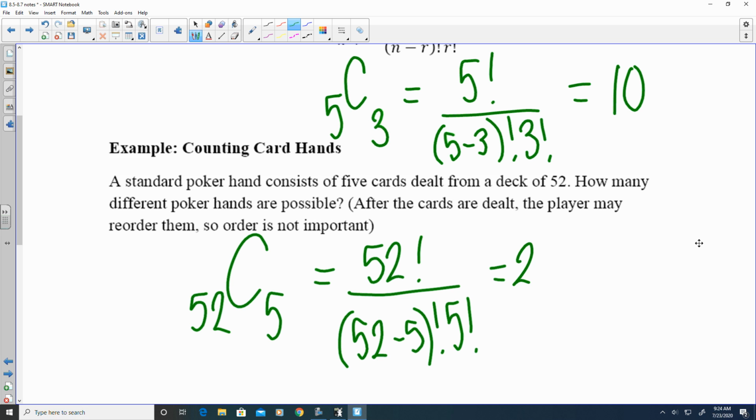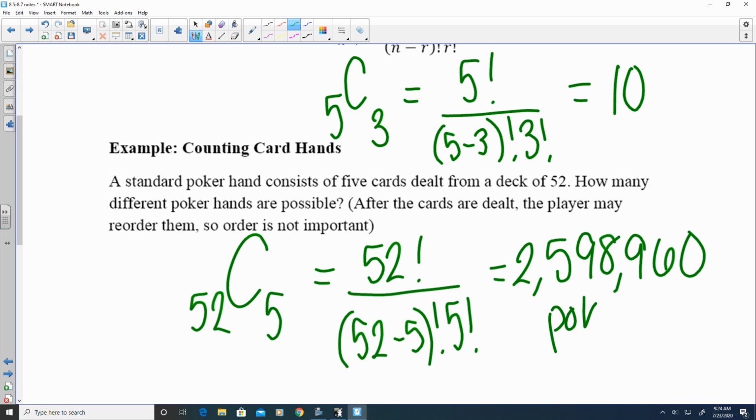If you know poker, there are 2,598,960 poker hands possible. That's a lot.